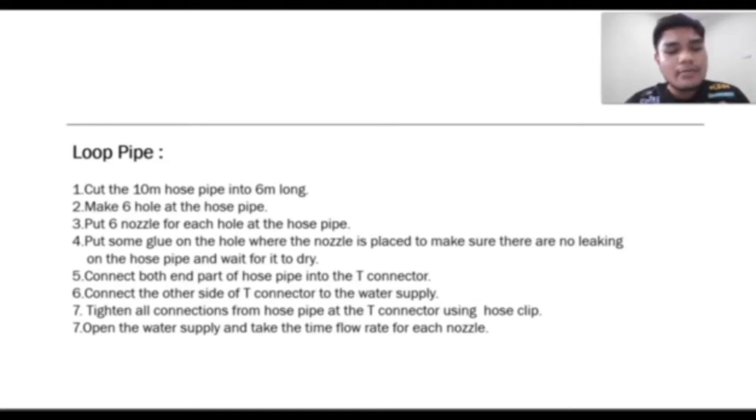Fifth, connect both end parts of hose pipe into the T-connector. Sixth, connect the other side of T-connector to the water supply. Seventh, tighten all connection from hose pipe at the T-connector using hose clip. And lastly, open the water supply and take the time flow rate for 200 ml water for each nozzle.